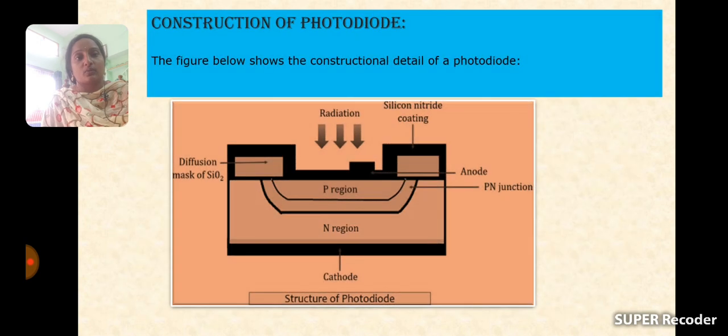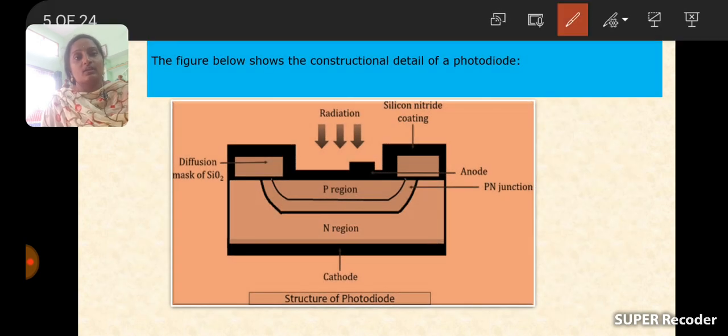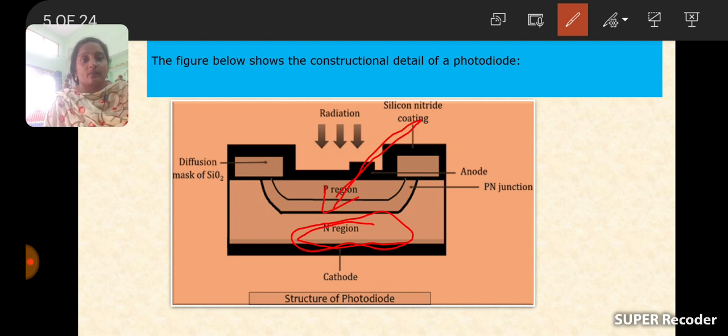And see here, this is the construction of photodiode. Initially, we take an N-type semiconductor material into which heavily doped P-type is inserted, and then you attach two ohmic contacts across it.